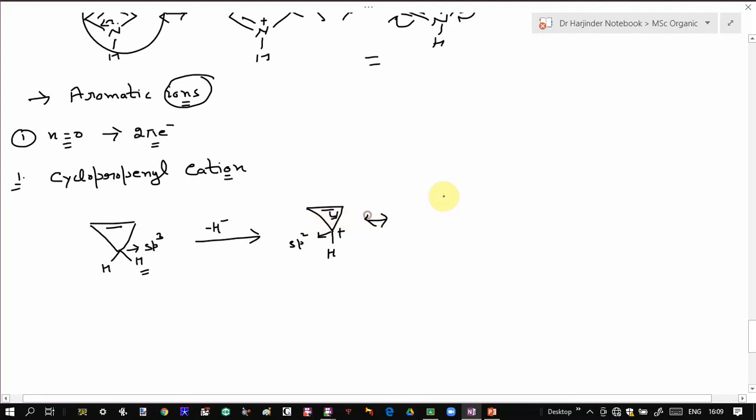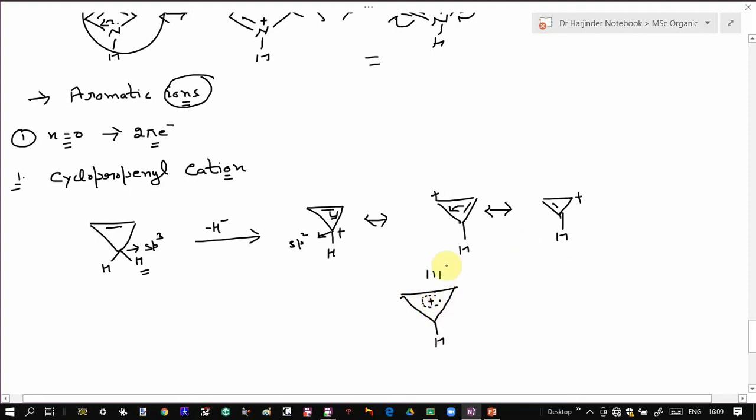So we can write its resonance structures. The double bond can have positive charge over here, or it can go over here. So the positive charge can shift over here. So there is a complete delocalization of these 2 pi electrons over this whole ring like this.